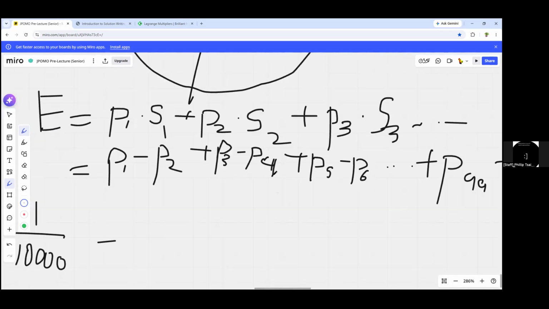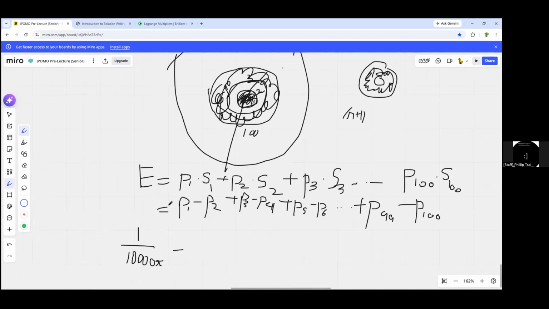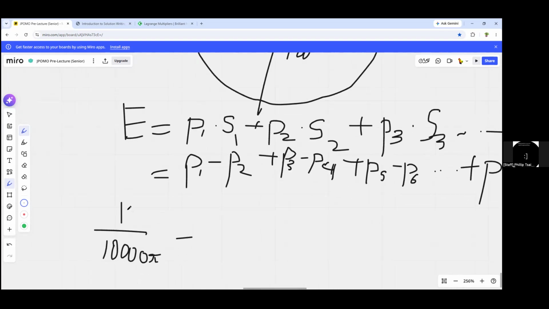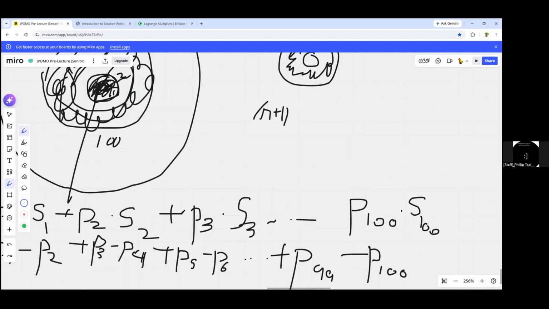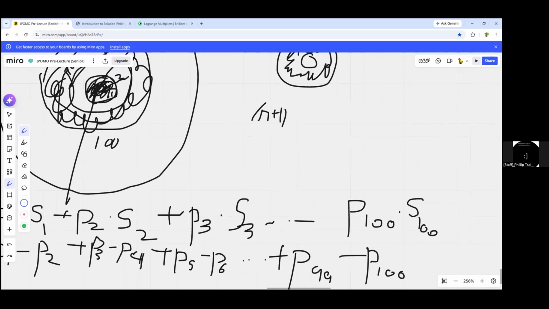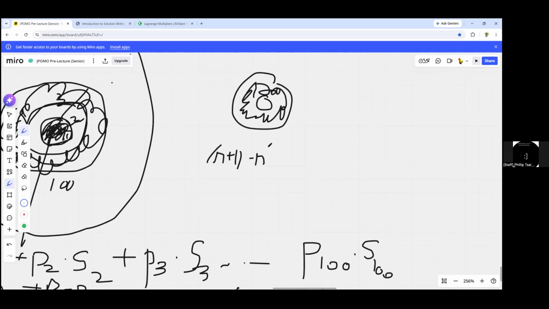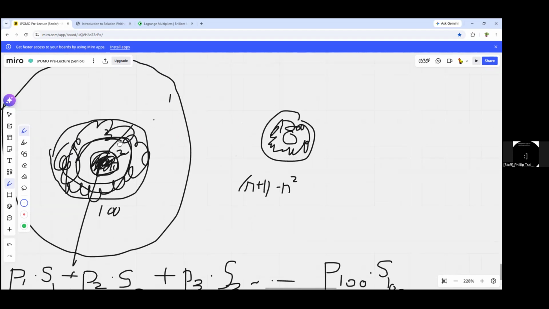Oh sorry, it's 1/10,000, but it's actually pi/10,000. All the pi's cancel out in the solution, so I will not mention that. Oh Andrew, yeah, you're right. Basically, the area of each ring is (n plus one) squared minus n squared.